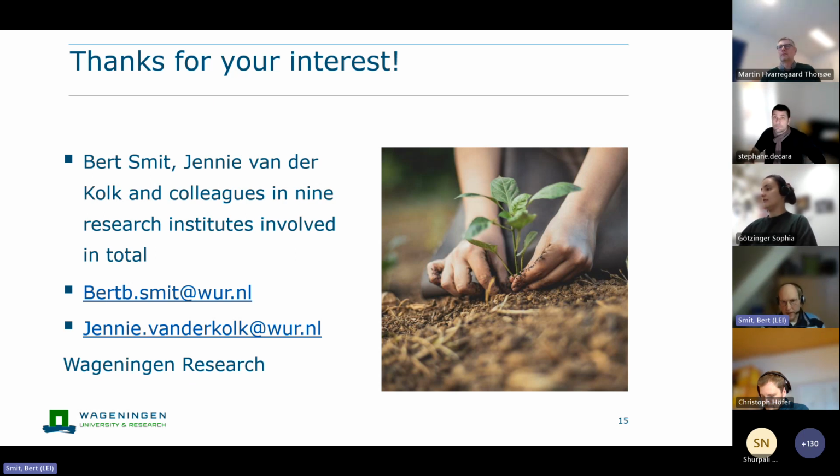But in practice, measurement of organic matter contents of soil is quite a difficult thing. There's a lot of variation in soils, and there is quite a large extent of uncertainty in these measurements. So that's quite a difficult thing.